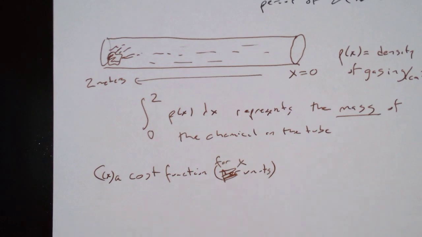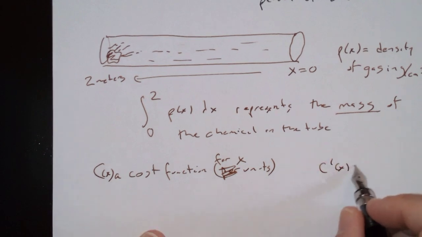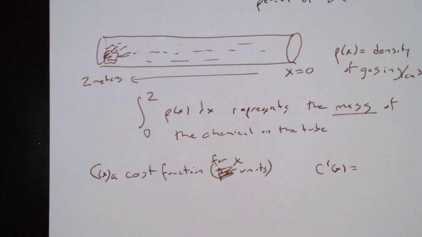A cost function, right? C of x. We gave a name to this function. What did we call it? C prime? A business specific name in terms of cost.